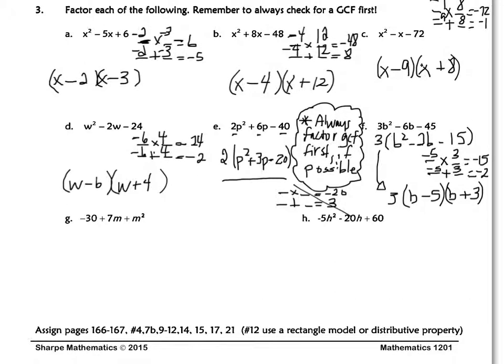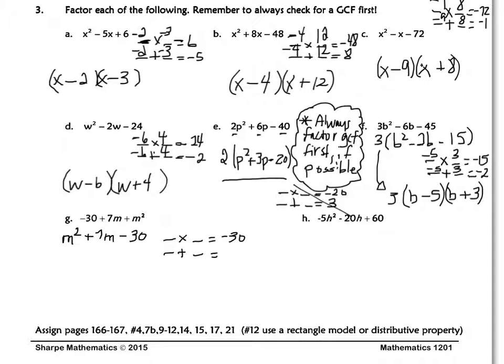Okay, so our last two examples, we have this one here. Now a lot of people will leave it like it is. I tend to like to put them in order of descending power. So first thing I would do would be switch that around and write it like this. And then I would proceed to look for two numbers that multiply to give me negative 30. And again, after a while, you don't have to write down this step that I'm putting here now.